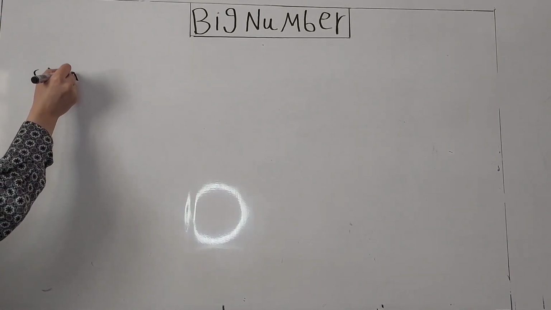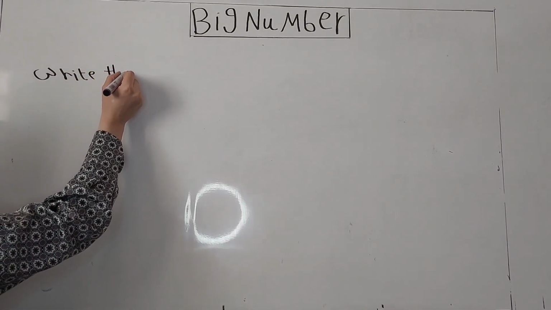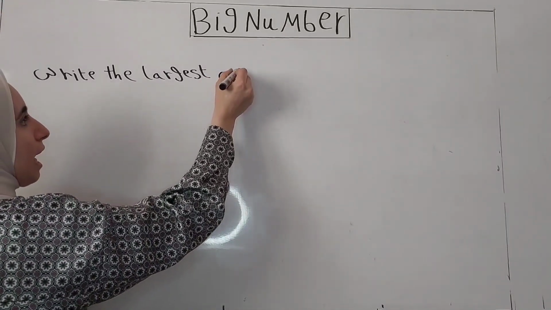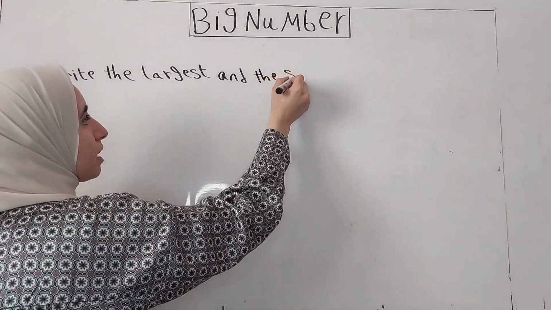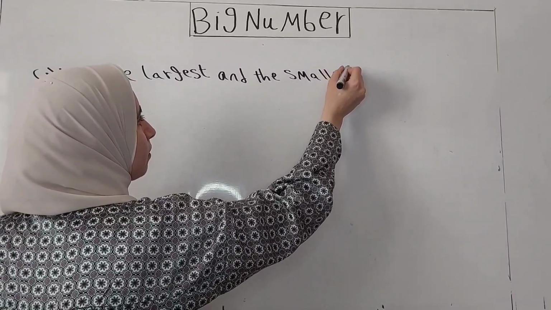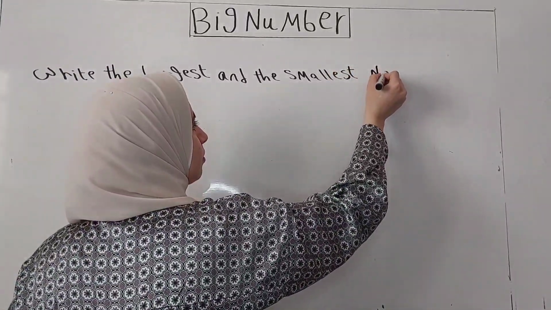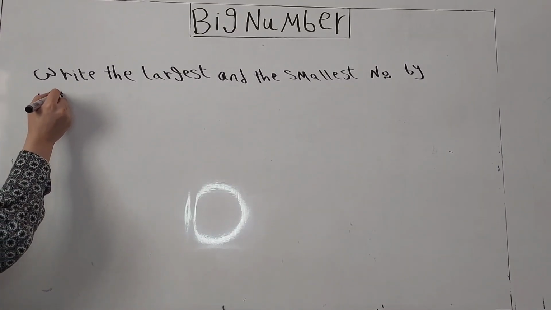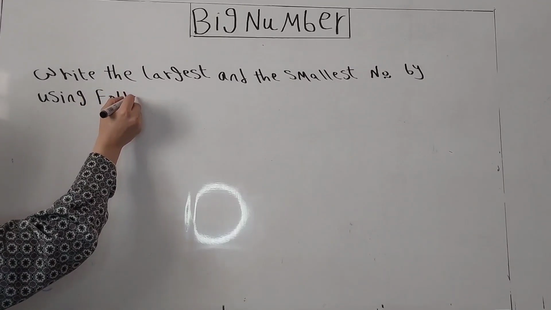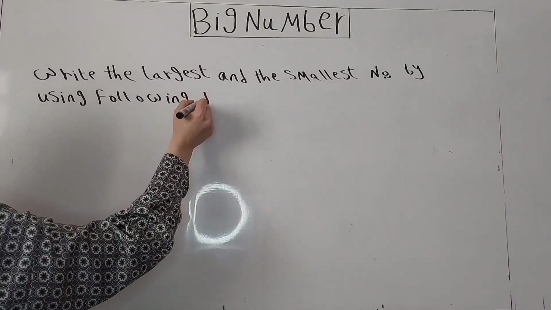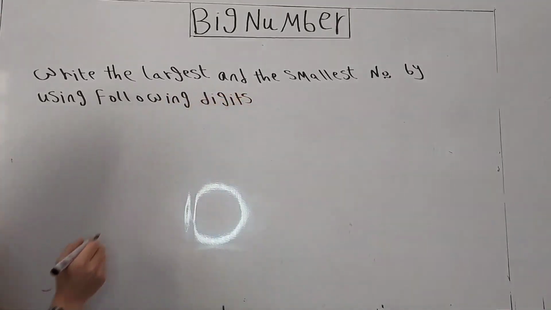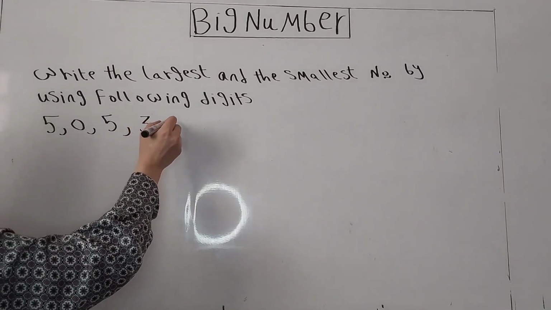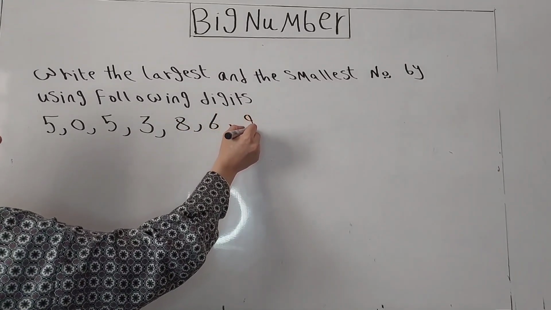Write the largest and the smallest number by using the following digits: 5, 0, 5, 3, 8, 6, and 9.